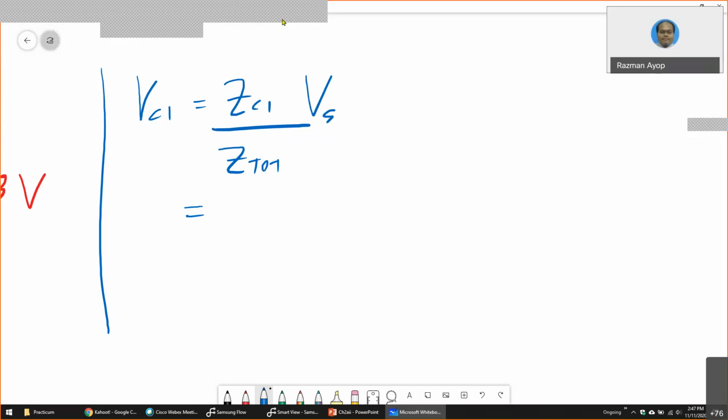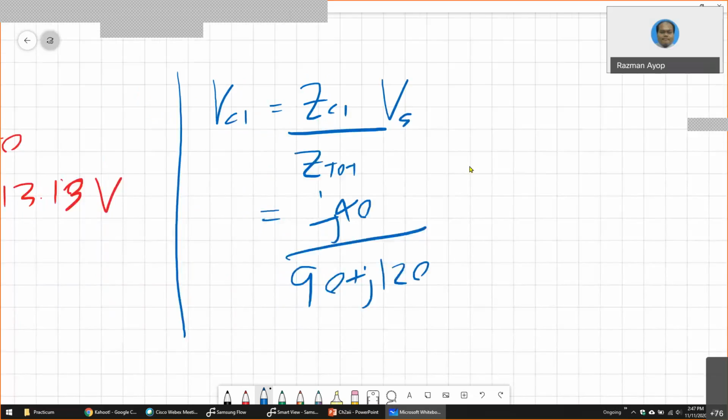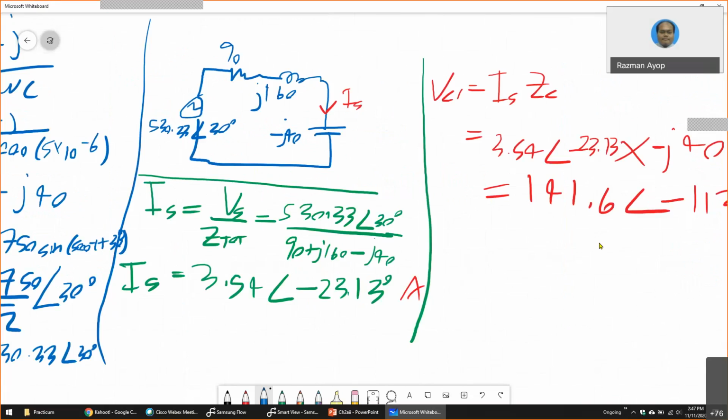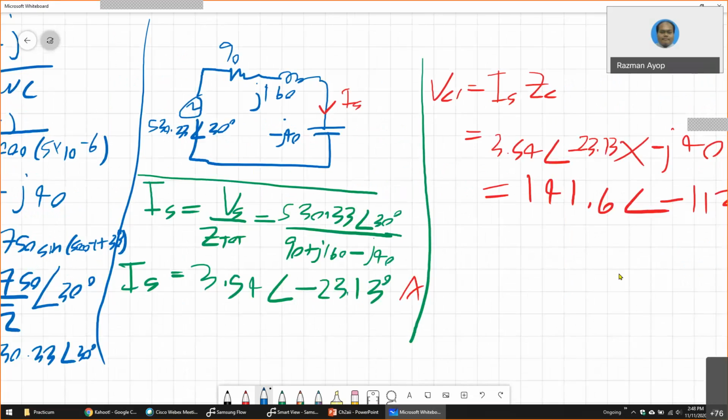So ZC1 is negative 40J, divided by 90, Z total is 90 plus 120J. If you look back here, total, J160 minus J40, so you get positive J120.